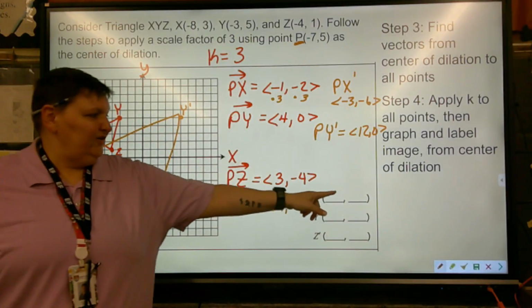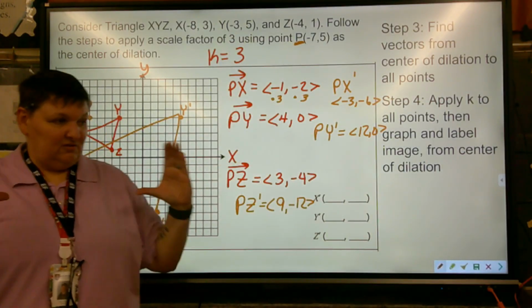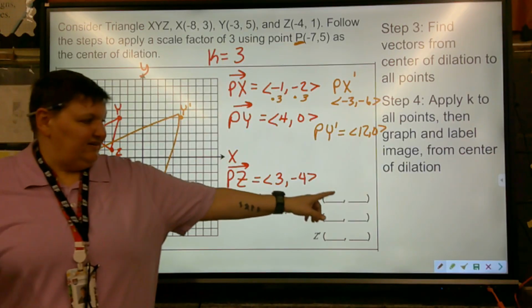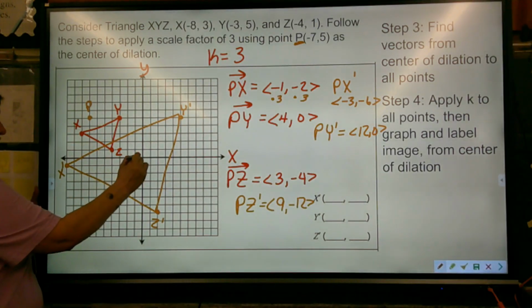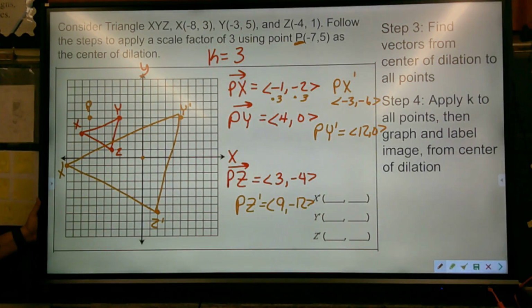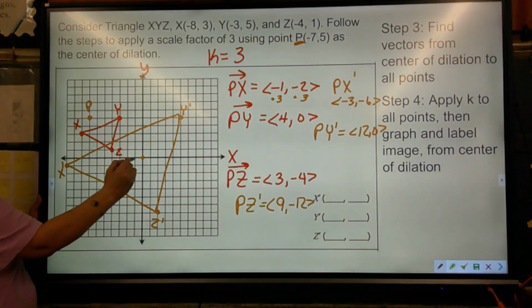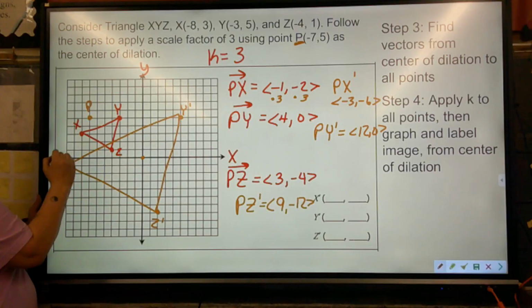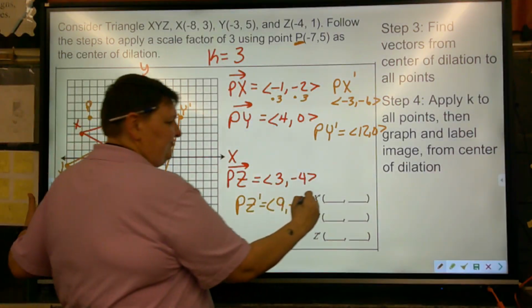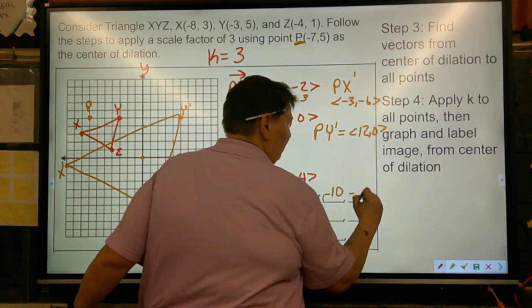Now that we're looking for the coordinates, parentheses mean coordinates. Coordinates always start at the origin. So to get from the origin to X prime, we had to go left 10, down 1.